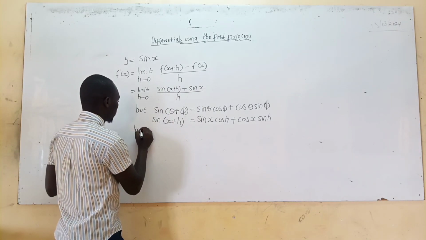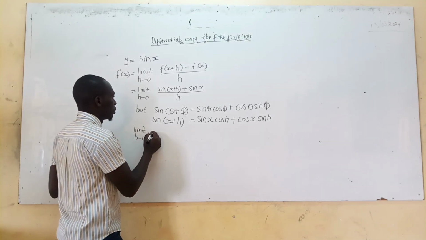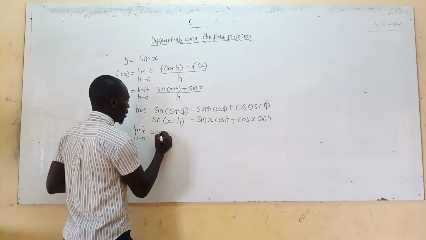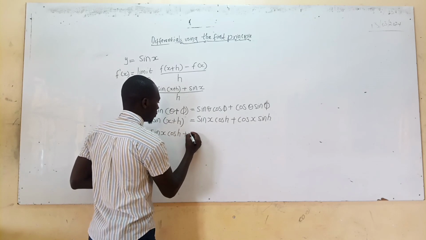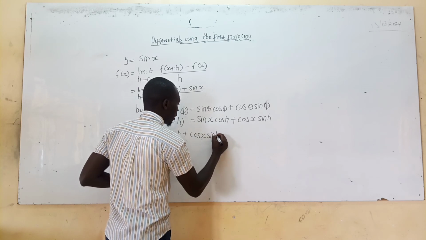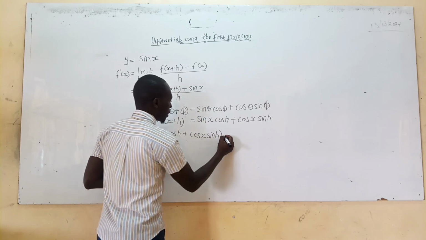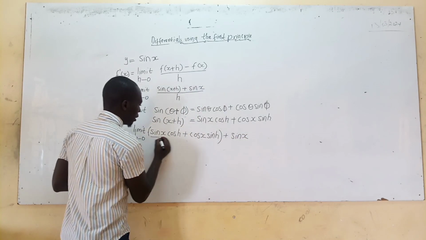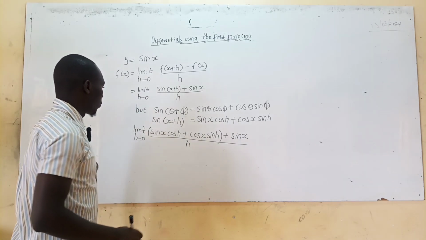So we are going to have the limit as h approaches 0 equals the limit as h approaches 0 of sine x cos h plus cos x sine h, minus sine x, and everything is all over the term of h.